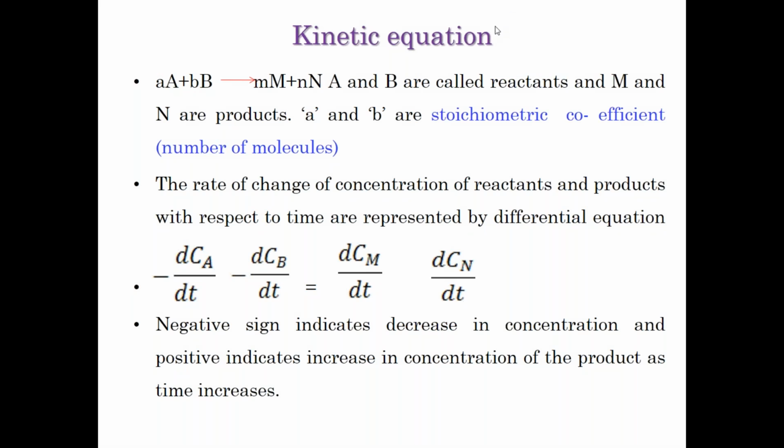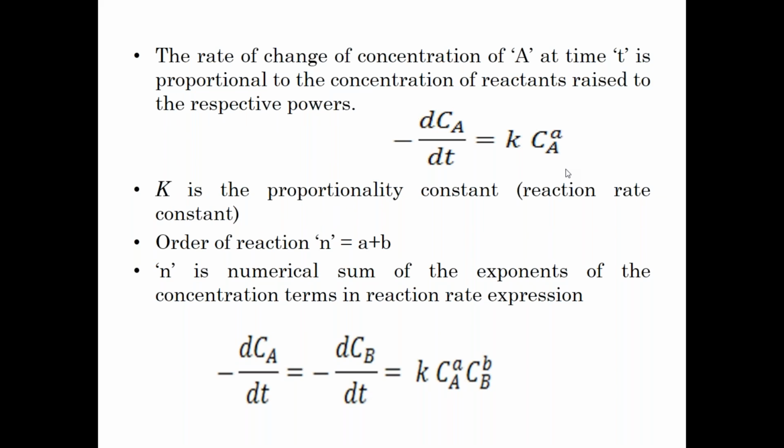That's what I expect you to remember. So the order of reaction is the sum of the number of molecules involved in the reaction. In this example, it is A plus B. So when I write an equation considering both the reactants, this is how the equation comes.